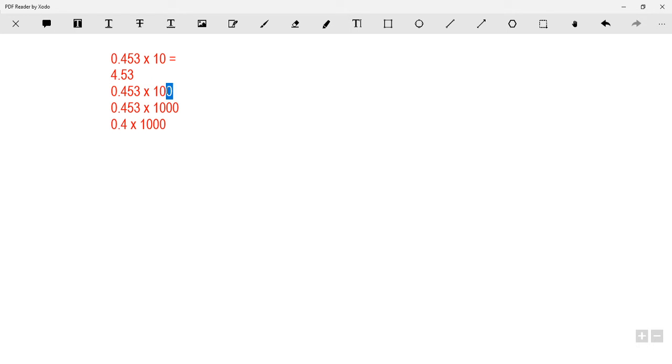Now, in this one, we have 2 zeros, so that means that everything goes 2 spots to the left relative to the decimal point. You can imagine me shifting it one spot to the left here, and then it would just be one more spot to the left. So all of the numbers shift over.